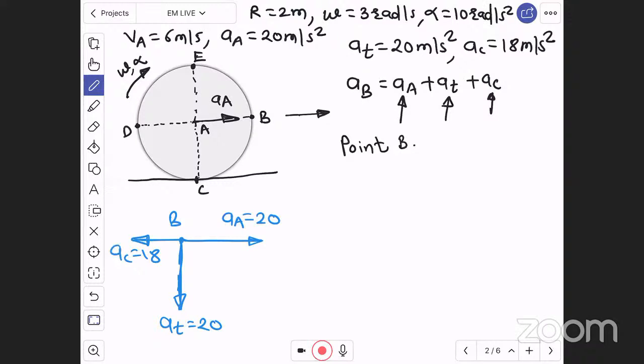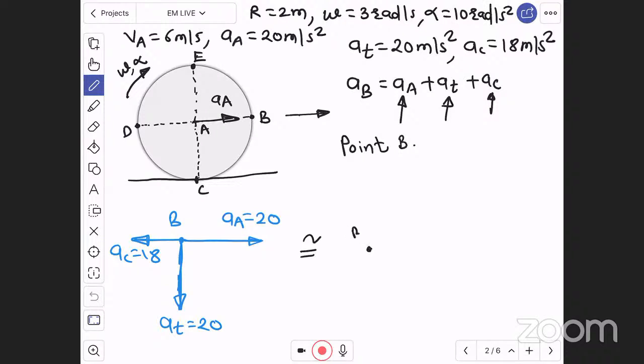Now my dear students, can you see here, from this 20 meter per second square, this 18 will get cancelled because they are in line. This 20 acceleration of a towards right and centripetal acceleration towards left, they are in line. Therefore from this 20, 18 will get cancelled and the resultant will become like this.